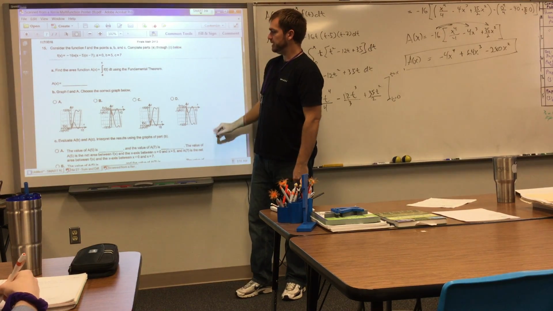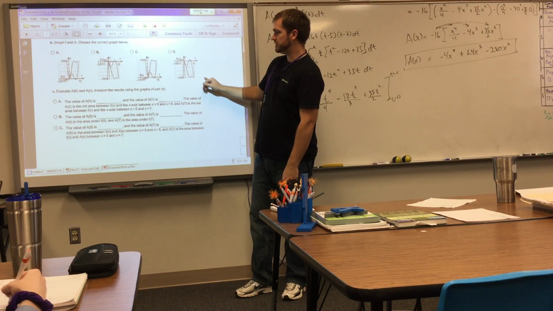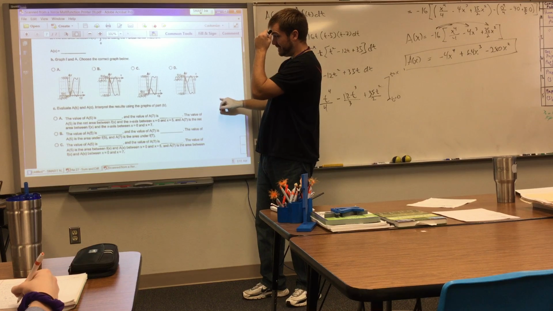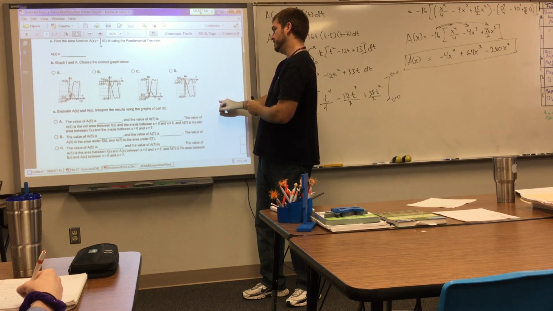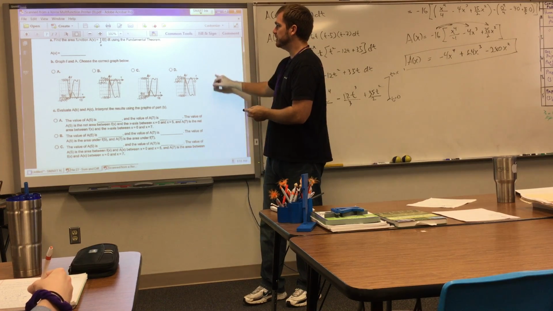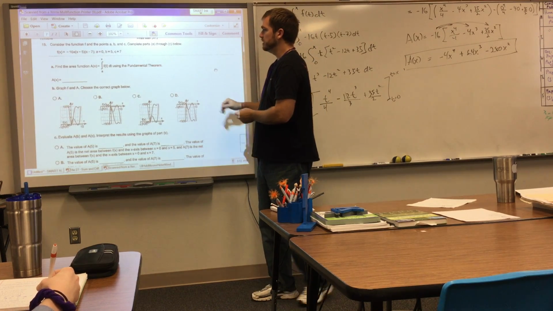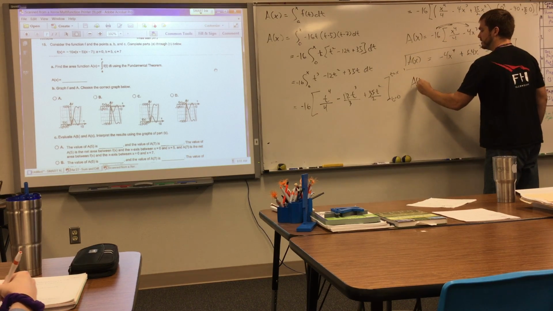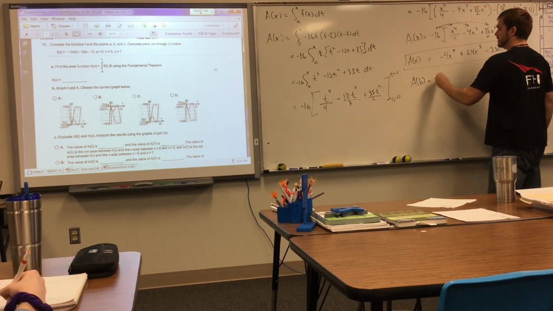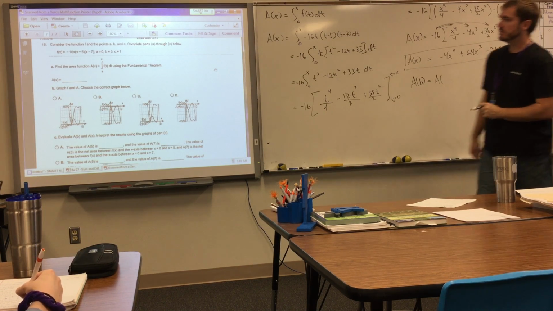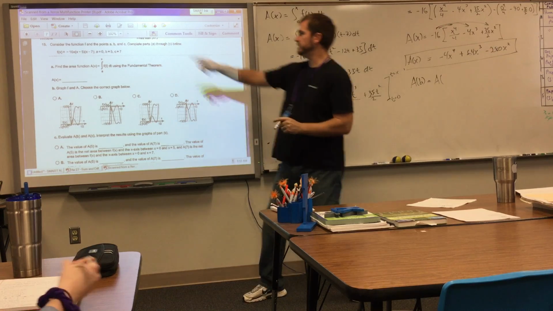I'm more interested in discussing part C. Evaluate A of b and A of c. Interpret the results using the graphs of part B. Okay. So A of b means A of, let's say b was 5.